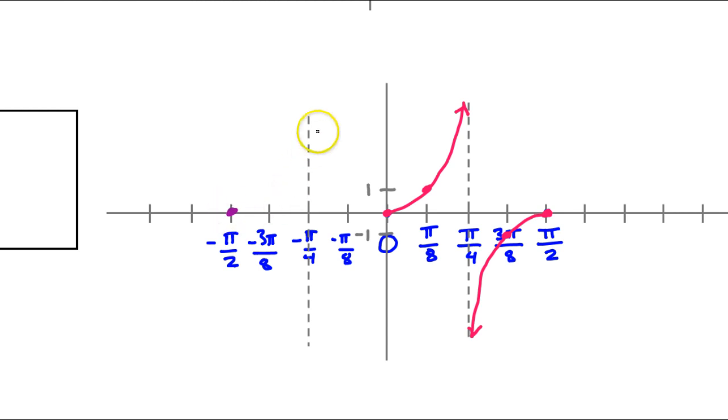Alright, and tangent function always rising, so I'm going to rise toward the asymptote, making sure that halfway to the asymptote I'm at this a value of 1. And then it picks up from down below, but I'm going to make sure that halfway to the midline I'm going to be at this negative a value.